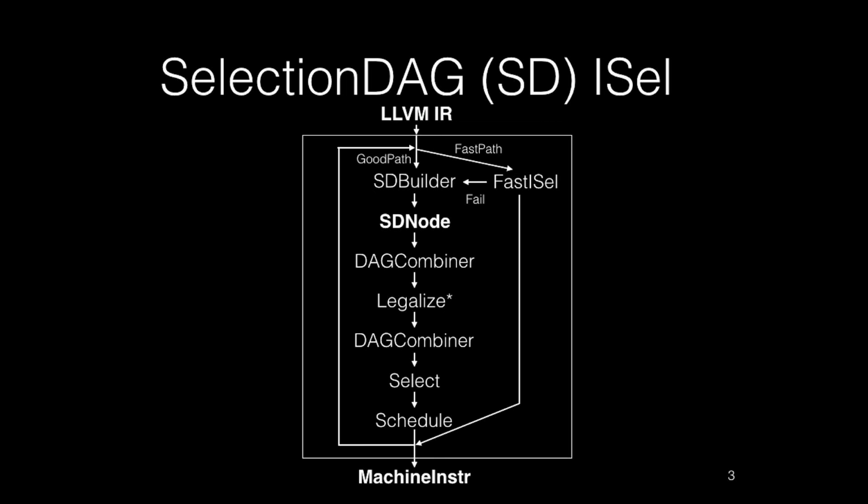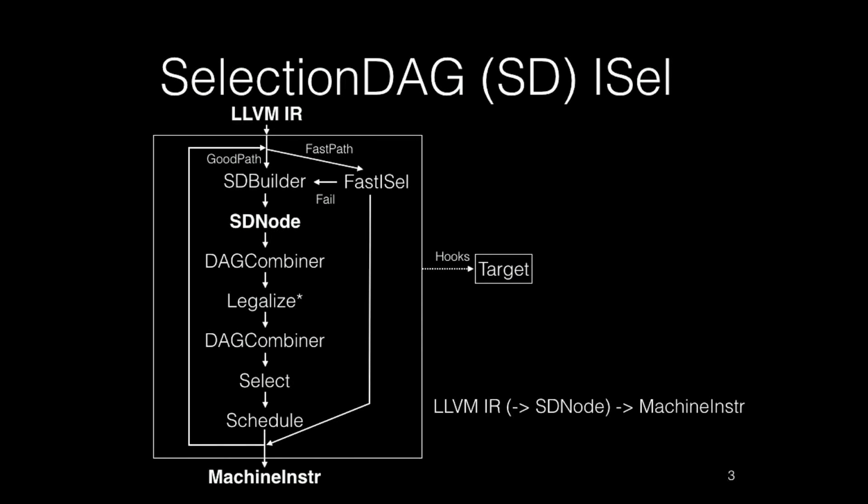From the target perspective, what it can do is just drive those schemes through hooks, and that's about what control it has. To summarize, with the current instruction selector framework, we are going from LLVM IR to possibly SelectionDAG node and then to machine instructions.